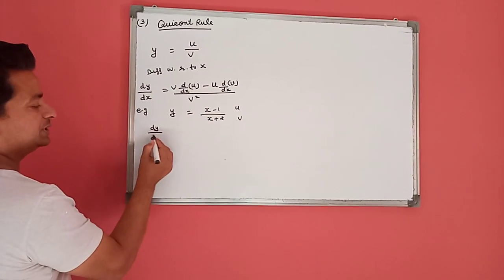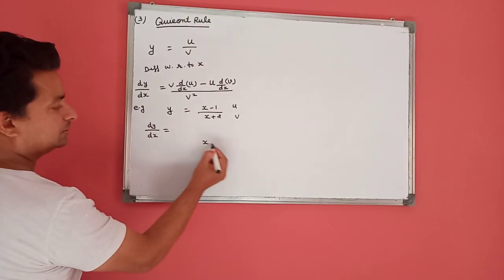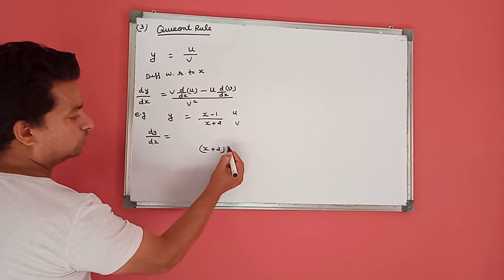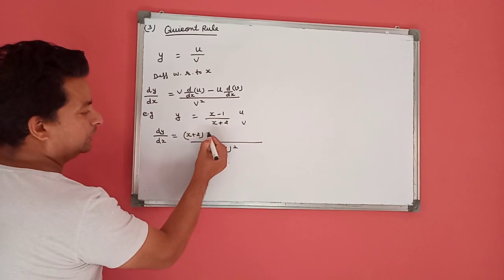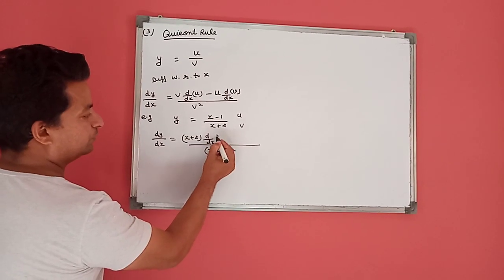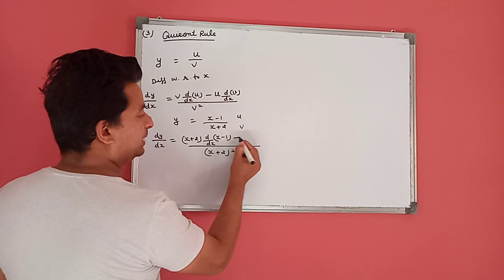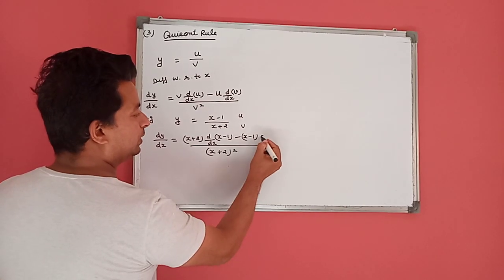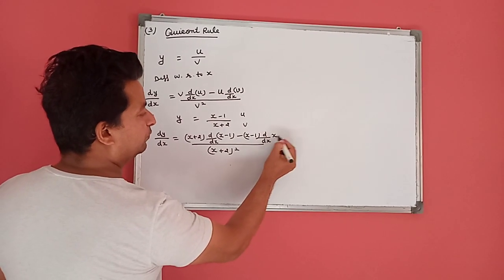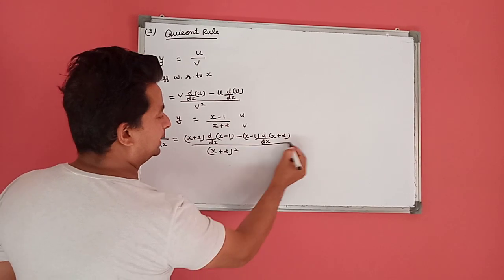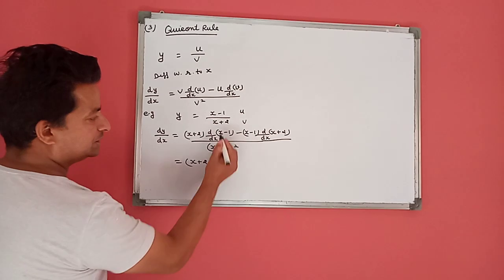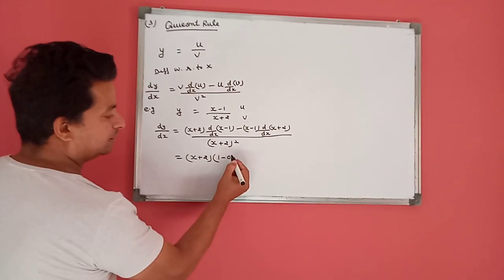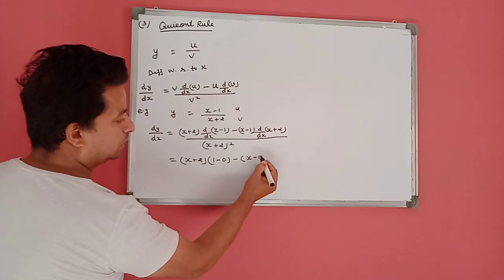When we differentiate with respect to x, v squared, first we write v times the differentiation of u, minus u times the differentiation of v. That is (x + 2) as it is, the differentiation of x is 1 and of 1 is 0.